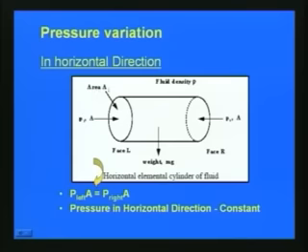The area of cross section is the same A, the fluid density is rho, and on the left hand face the pressure is P1, and on the right it will again be the same P1. So P left multiplied by A is equal to P right multiplied by A. Since in the horizontal direction the total force on this position is equal to that on the other, the pressure in the horizontal direction is constant.